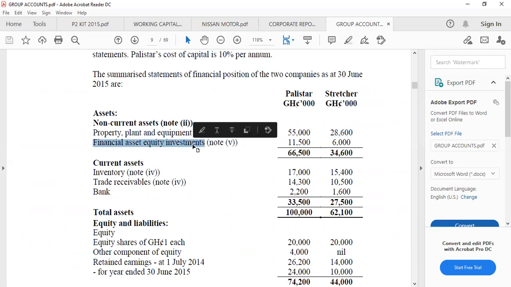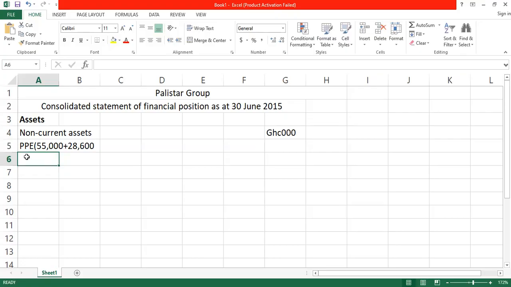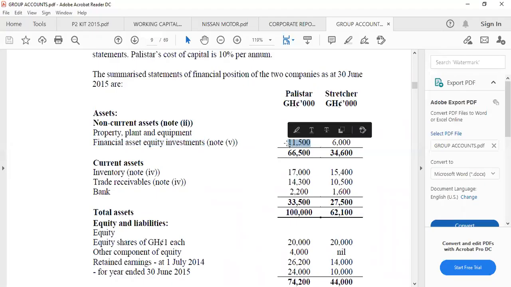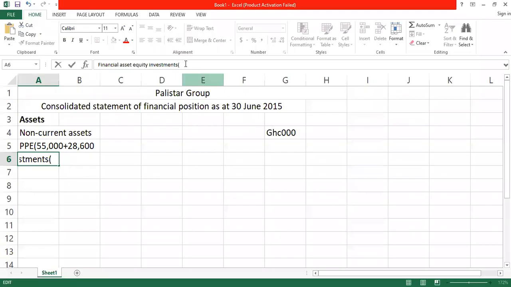The next one is financial assets. So for the financial assets, you pick the figures also one by one. The first one is 11,500. Then you add. Dylan said that for the financial asset equity investment, we don't show it on the face of the consolidated statement.